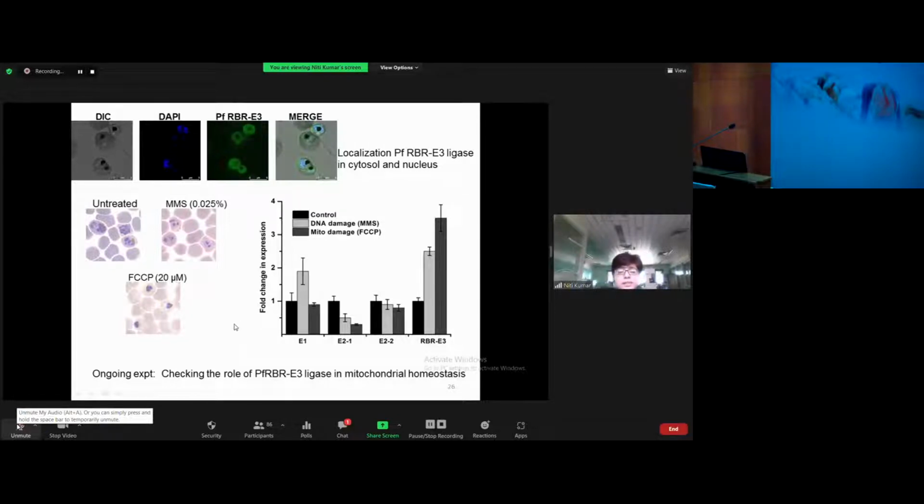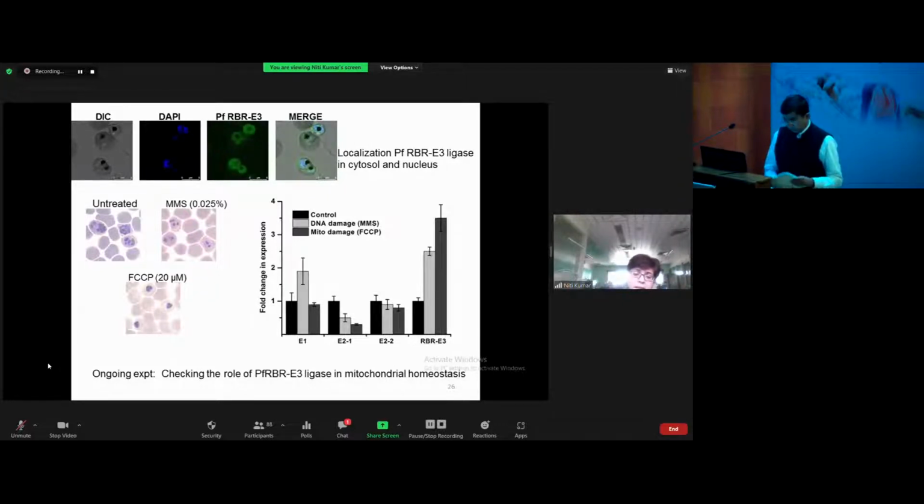We also subjected the parasite to MG132, a proteasomal inhibitor, as well as to heat shock, but we do not see any increase in the expression level. Since these experiments suggest that it might have a role in DNA damage or mitochondrial damage, we are now doing experiments to see whether the E3 ligase is involved in mitochondrial homeostasis, and whether it is mediating K6-linked ubiquitination.